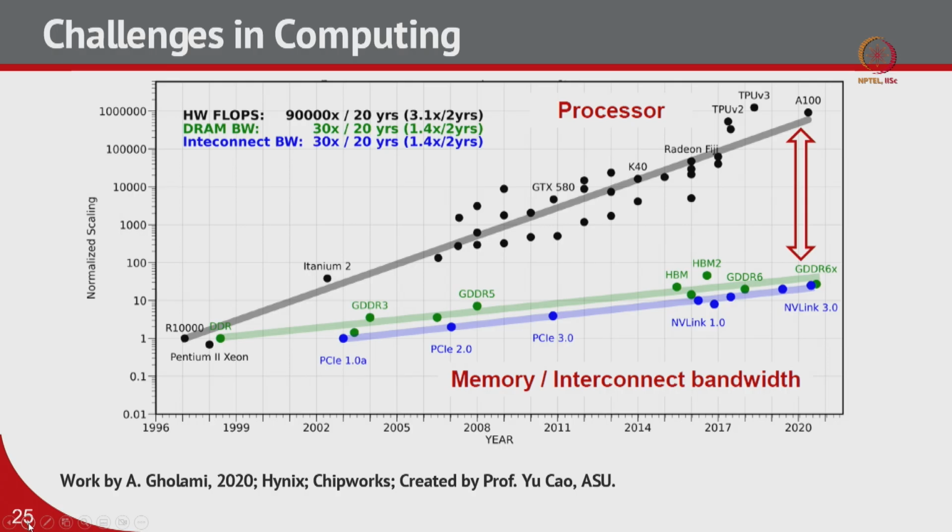Since DRAM bandwidth or the interconnect bandwidth is low, even if our processor is very fast, we cannot actually utilize that speed of the processor, and that is a challenge in executing machine learning applications or algorithms. In this course, we will see many different techniques which try to overcome this challenge.